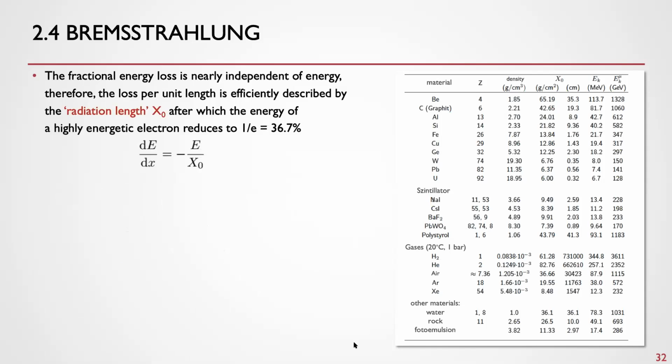The last thing I want to say is that the energy loss per unit length is, to very good approximation, proportional to the energy of the particle itself, which leads to a simplified description in terms of radiation length. And we look into the detail and the material dependence of the Bremsstrahlung effects after the break.